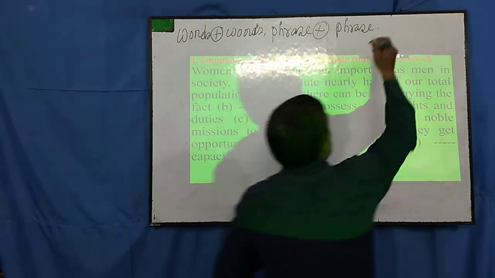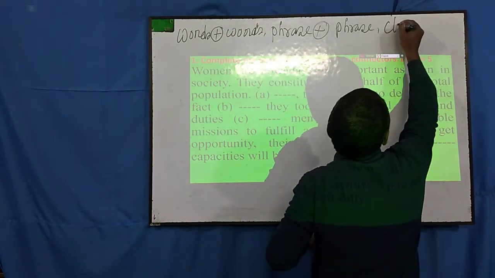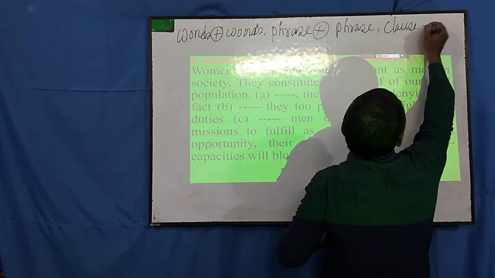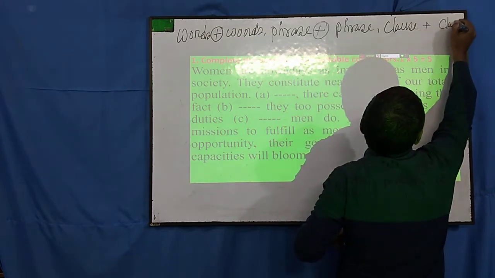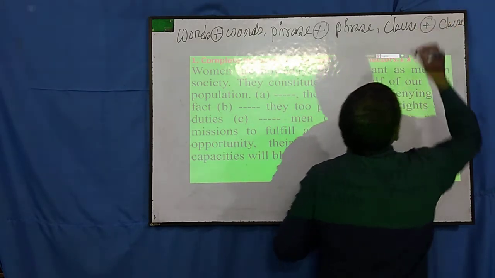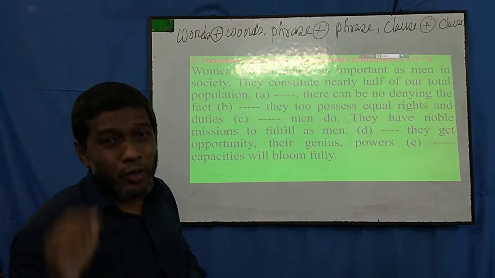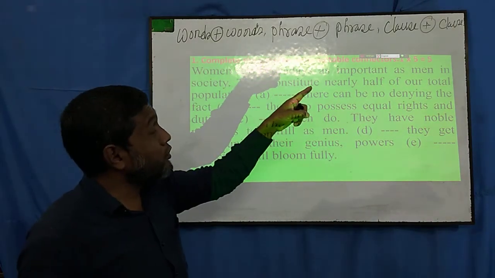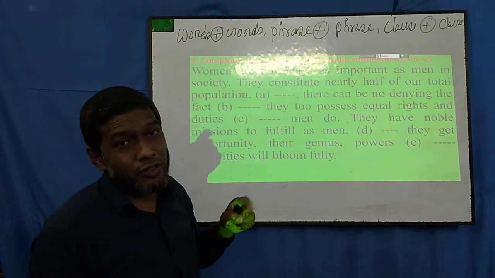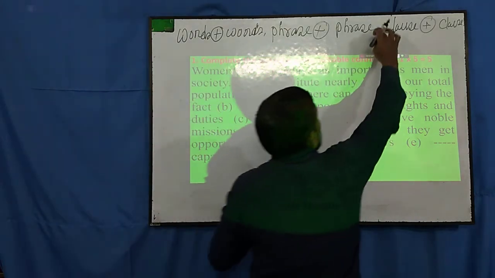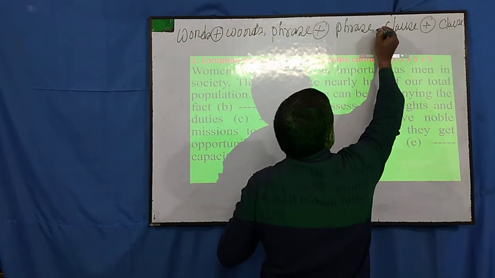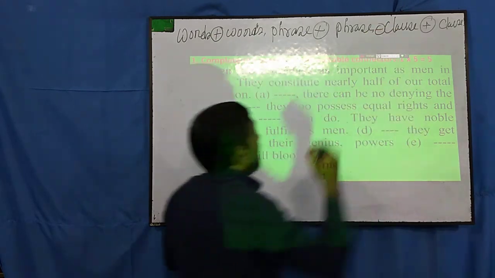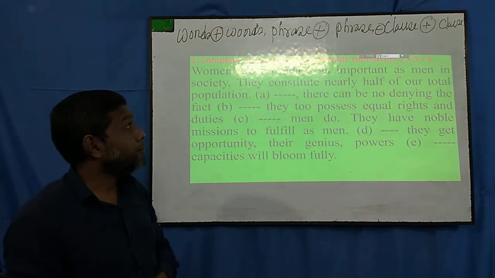And number 3, I told you elaborately, clause plus clause. If I want to join 2 clauses together, I must use a sentence connector between them, or sometimes a sentence connector may come here.